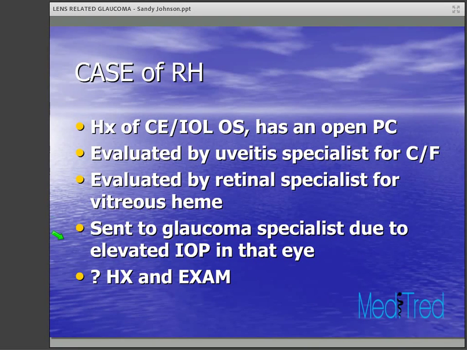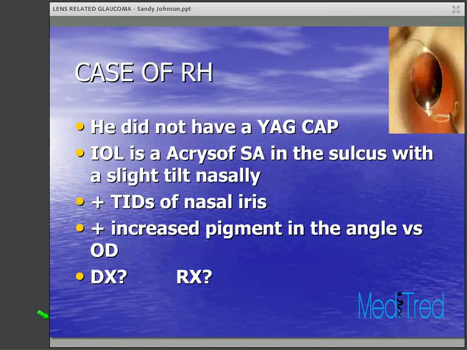So he actually had UGH, uveitis, and then he had hyphema, except it went in the vitreous because his capsule was open, and he had glaucoma. So he had a UGH syndrome. We had to look further at his exam and figure out what was going on here.